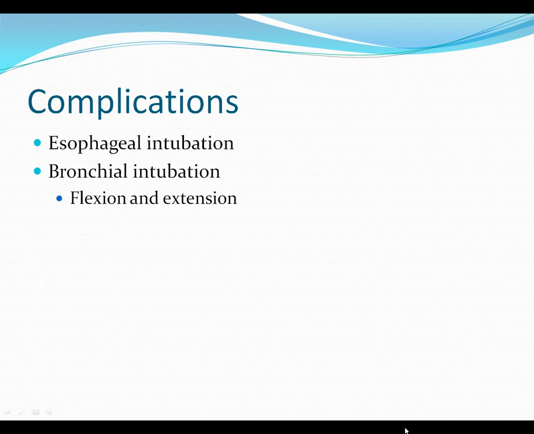Most of the time they're starting to desaturate and you need to mask ventilate a little bit before re-intubating, but it's something to think about. How are head flexion and extension related to bronchial intubation? Right, so flexion pushes the tube down, extension pulls the tube up. Good.